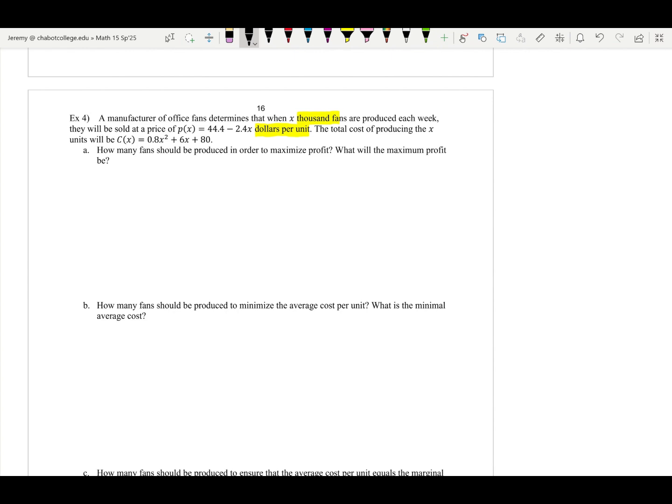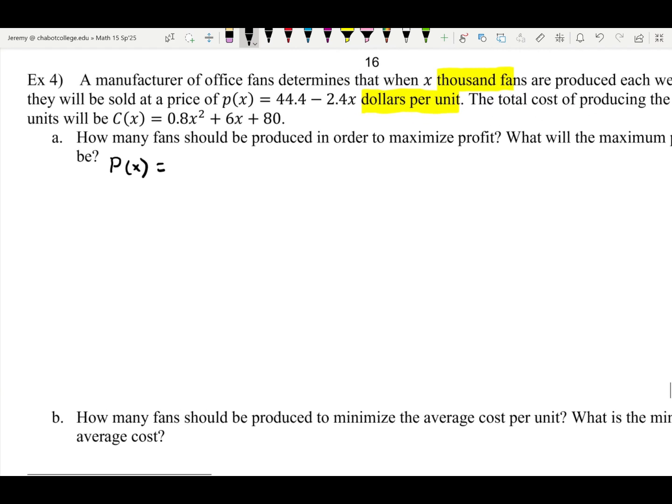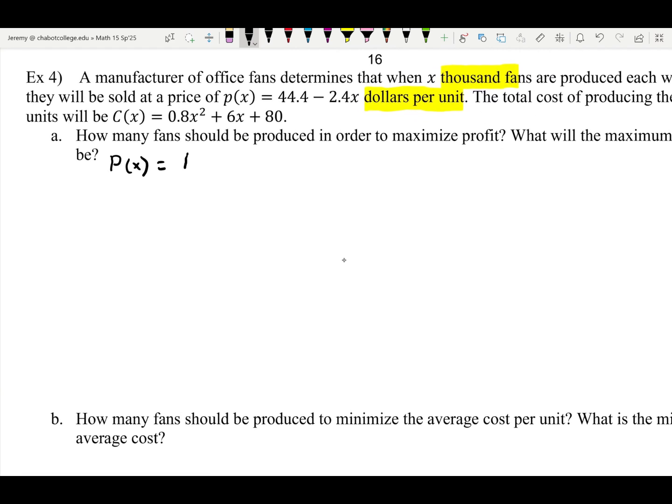But we know what this stuff means. We know how to find a profit function, because remember, the profit function is always just going to be the revenue minus the cost, right? It's the amount of money that we can bring in this business minus what we have to spend to run the business. So profit, P of x, this is always R of x minus C of x. And breaking that down a little bit more, because we're given a cost function, but we aren't given a revenue function.